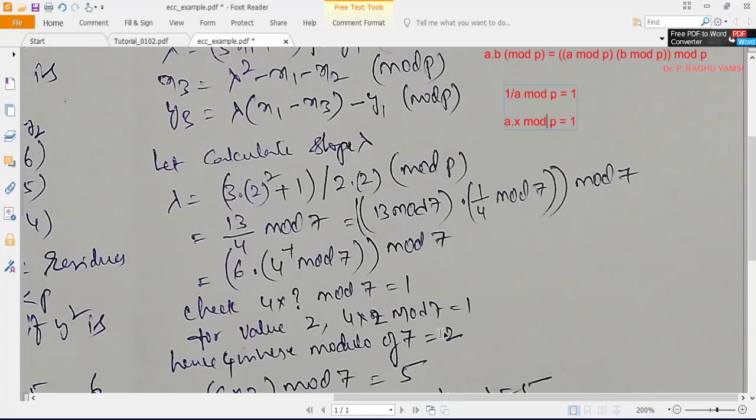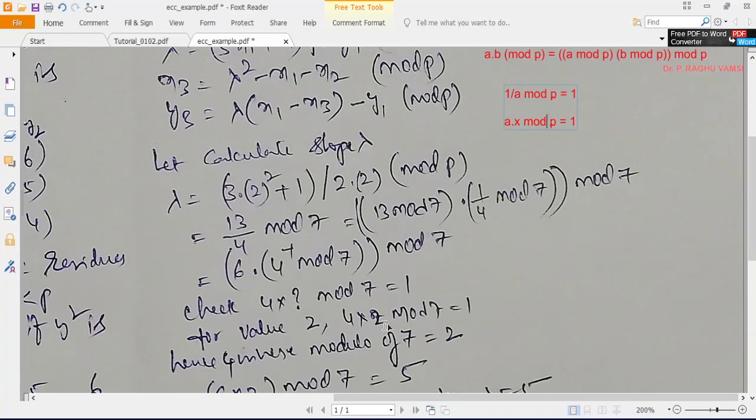But if the prime number is too large, or the values you have considered are too large, then it is very difficult for computation. Hence, for understanding purposes we are taking small numbers, but in general we use elliptic curve cryptography libraries related to programming to compute it.